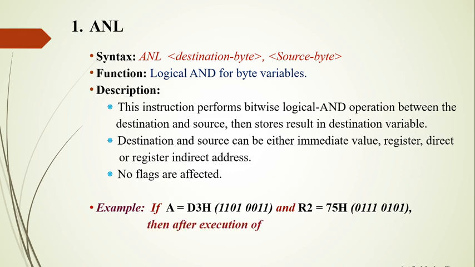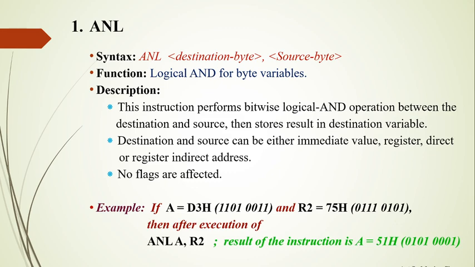After execution of the instruction ANL A, R2, the AND operation is performed on the contents of register R2 and A, and the result will be stored into the accumulator. So the result of the instruction is A equals 51H, that is 0101 0001.